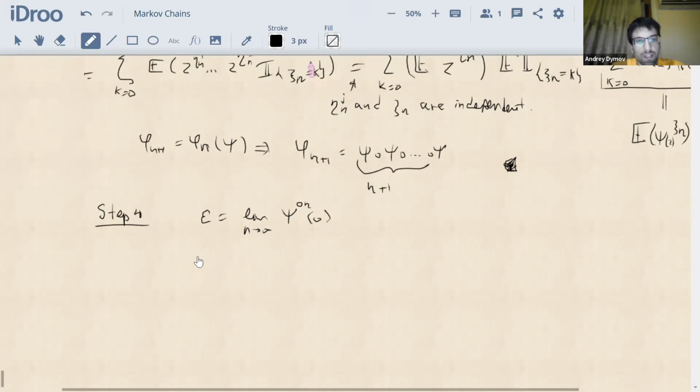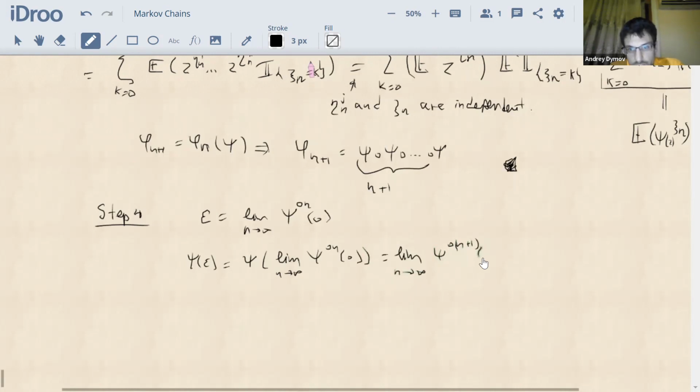Okay, so let me then do the following thing. I will compute psi of epsilon. Psi of epsilon, this is psi of this limit, right? But the function psi is continuous, so I can exchange it with the limit. What I'm doing, I get n plus 1 here.